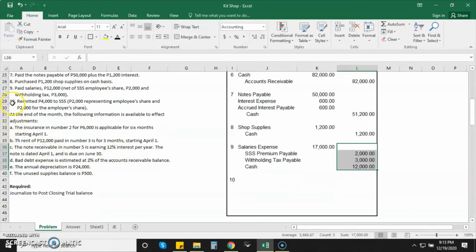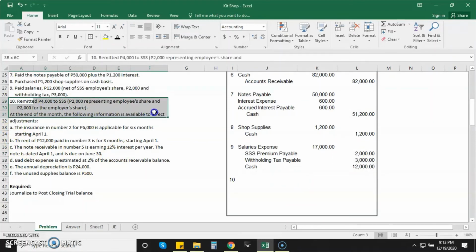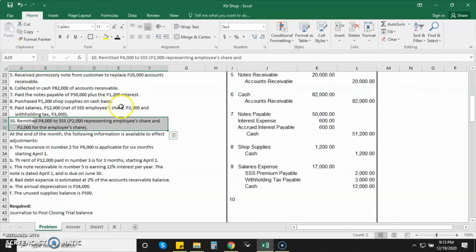And one last thing here. Okay, remitted 4,000 to SSS, 2,000 representing employee share, and 2,000 for employer share. Okay, so in this case, just an example.